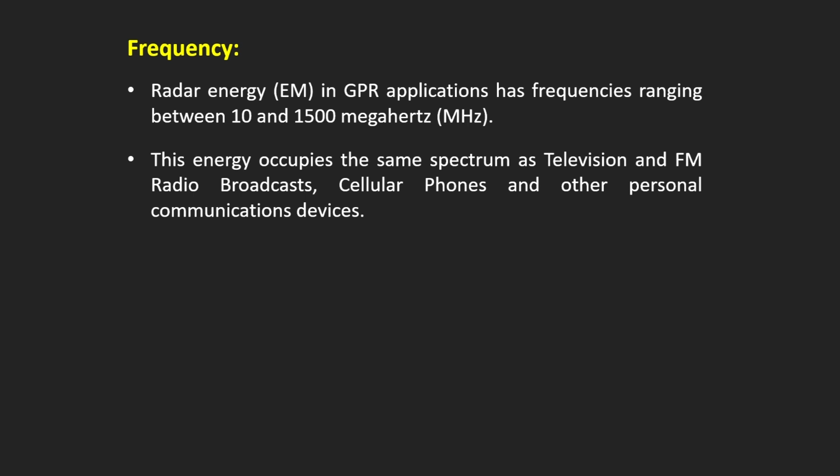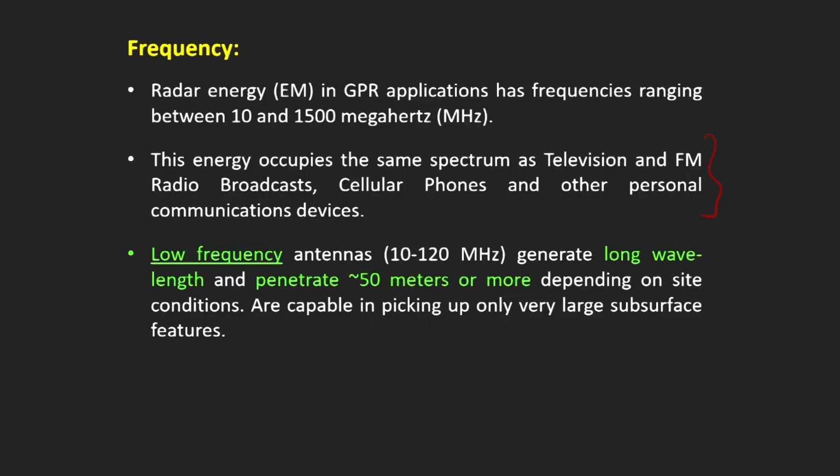So mostly when we are performing this survey, we ask our team to switch off the mobiles, because that can create noise, and that can be recorded into the data which we are acquiring.